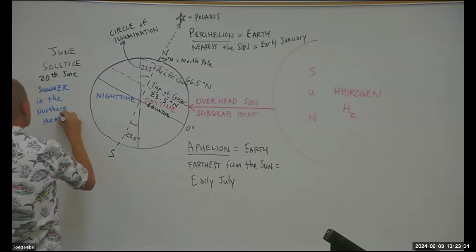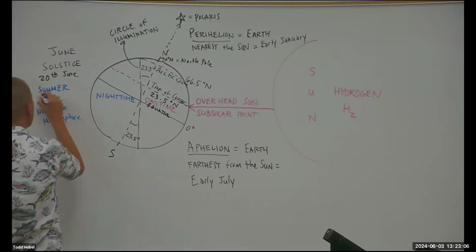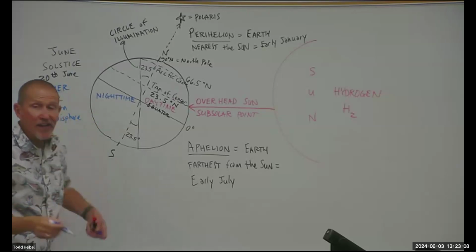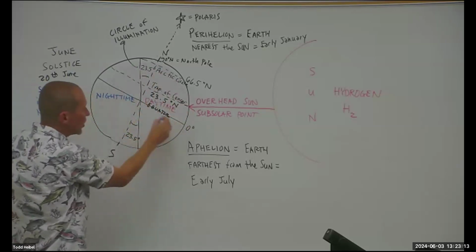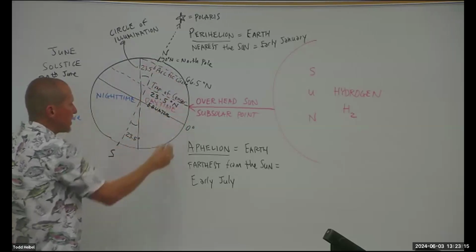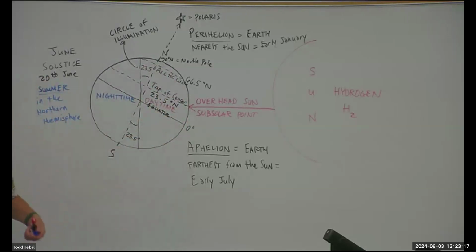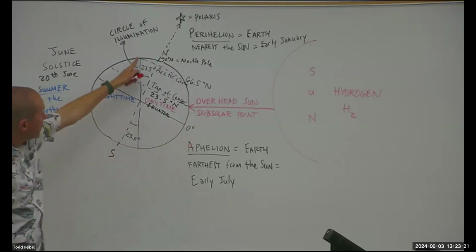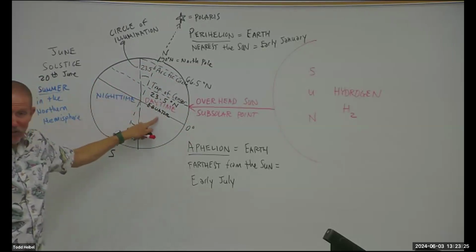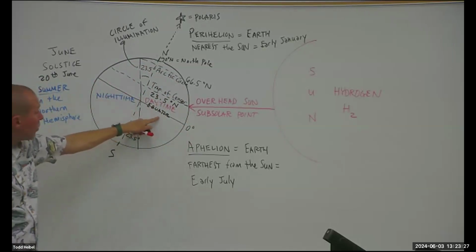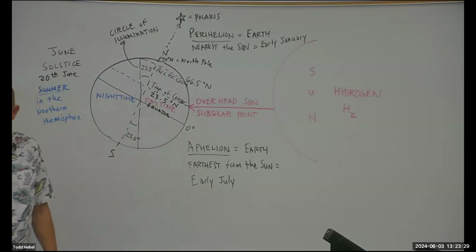A couple things about that. Why is it summer in the northern hemisphere? Two reasons. First of all, it's the longest daylight period of the year. Now, you all told me that every day of the year at the equator, because the circle of illumination equally bisects the equator, it receives 12 hours of daylight.